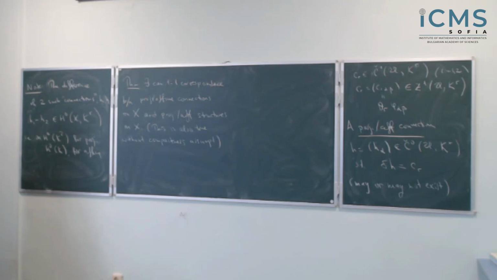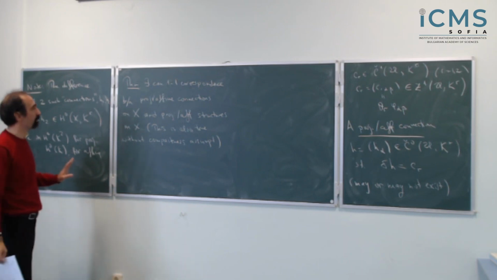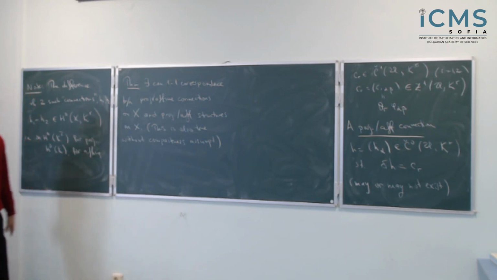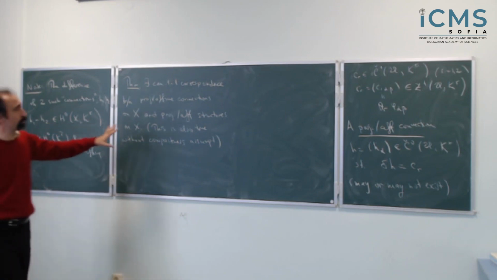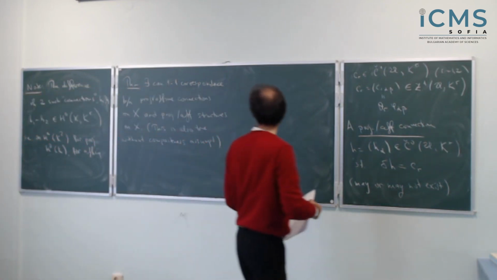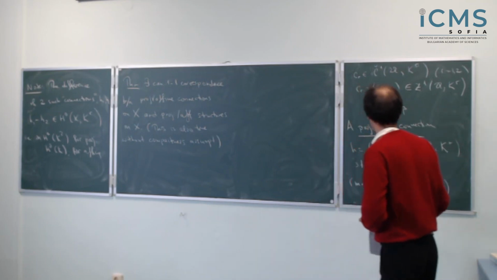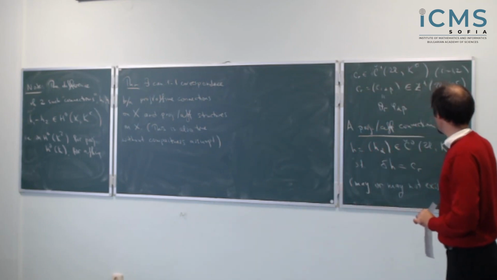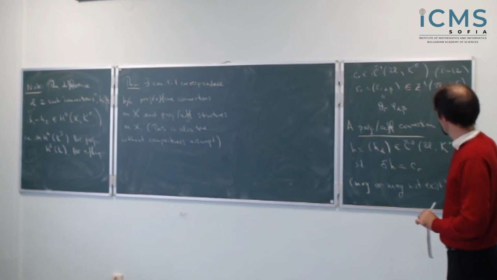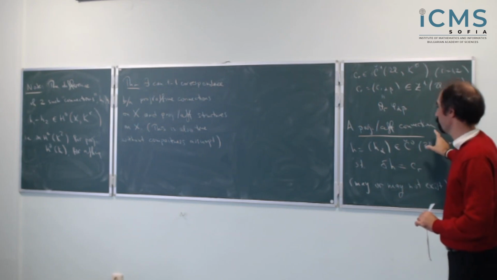Right. So we're saying that there are as many. Let's talk about just projective, one is a special case of the other. So projective structures on the curve, as there are classes in C0 of k squared with respect to a cover.